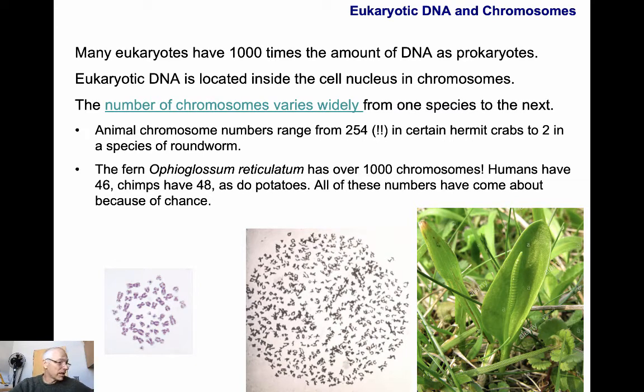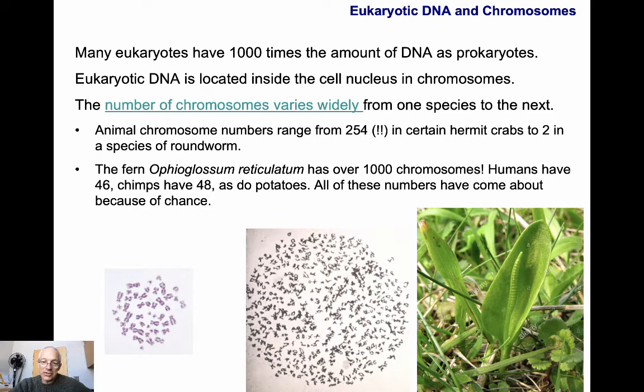Are they giant, big, complex organisms? No. And if you're curious about why those hermit crabs might have so many, and why a simple, small fern plant like this adder's tongue fern that's pictured here would have over 1,000 chromosomes.